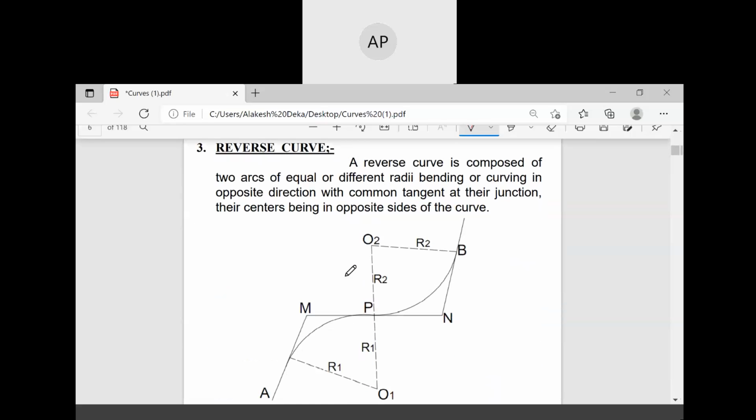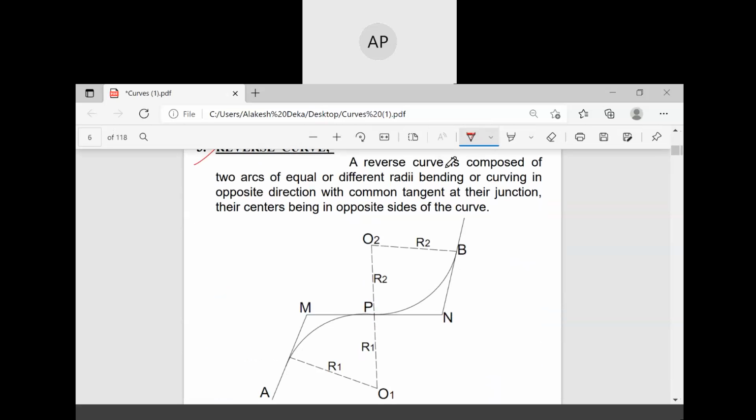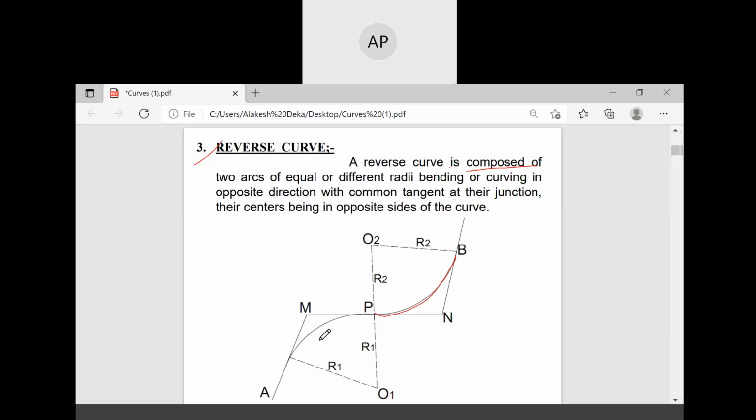Next is a reverse curve. A reverse curve is composed of two arcs, which you can see in the figure. R1 is the radius of this arc and R2 is the radius of the second arc.